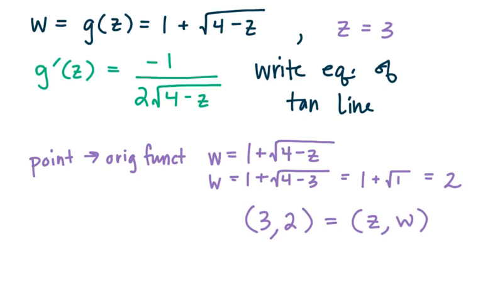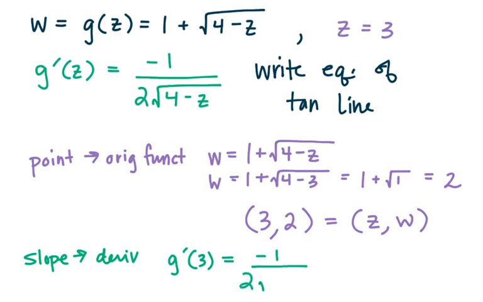I also need a slope. And the slope is always going to come from the derivative. So g prime of 3, the 3 coming from the z, is negative 1 over 2 square root of 4 minus 3, which is negative 1 over 2 times the square root of 1, or negative 1/2.